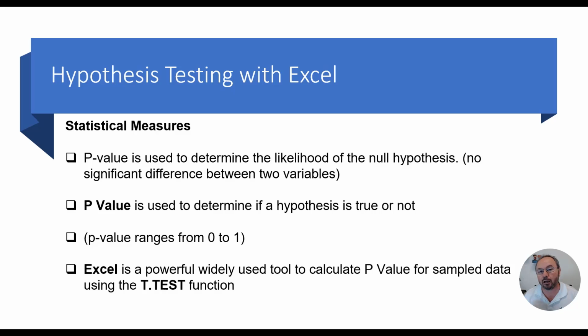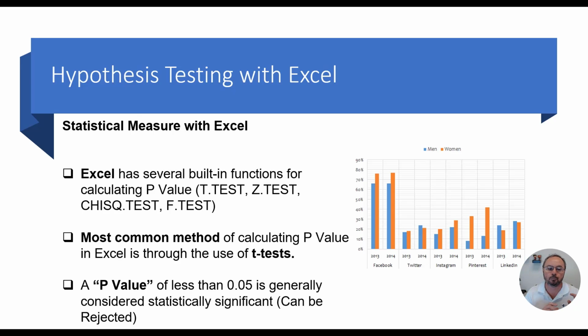Now we do need to have the analytics package installed in Excel, and I'll talk about that at the end of the module. When it comes to statistical measures with Excel, Excel does have built-in functions for calculating the p-value.